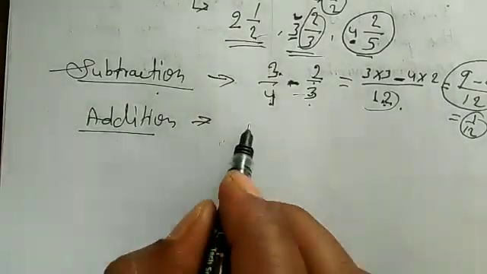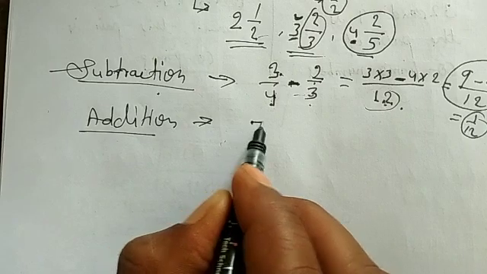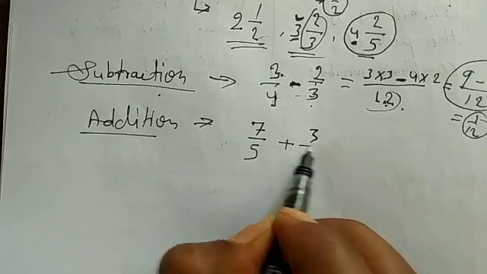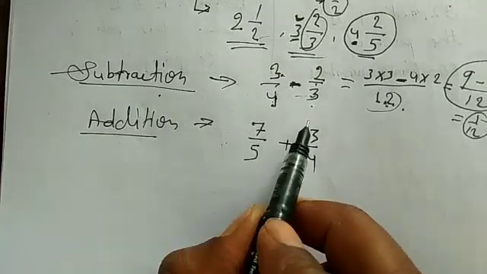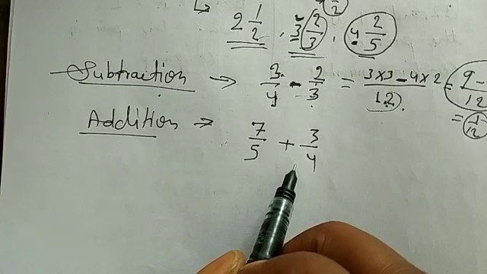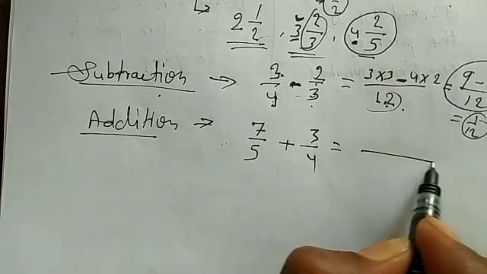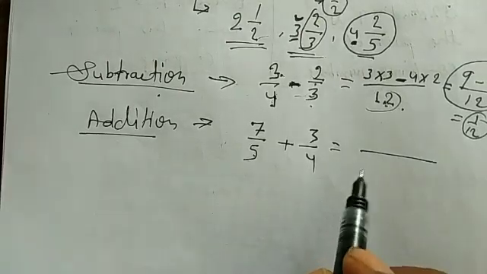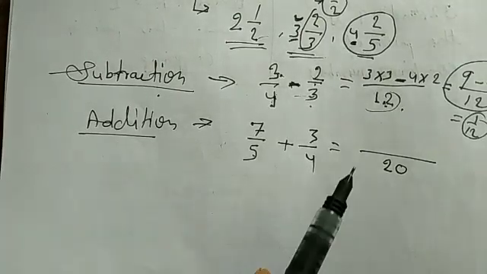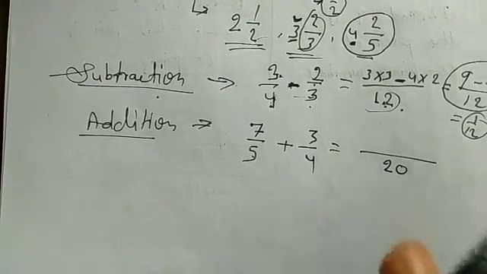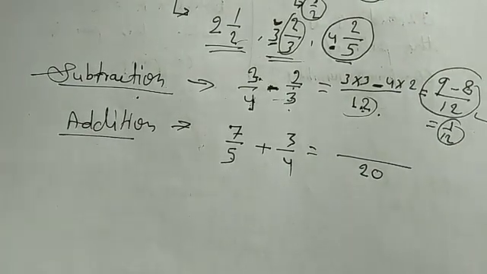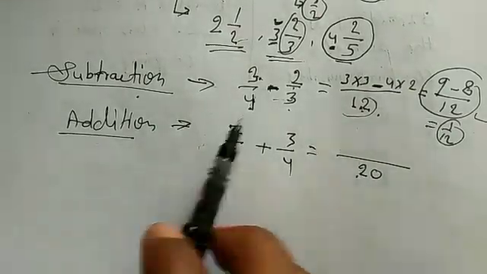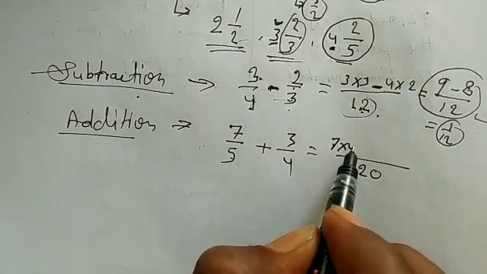And to add the fractions, suppose this is 7 upon 5 plus 3 upon 4. To add these fractions, we have to take the LCM of the denominators. LCM of 4 and 5 is 20. A similar process is followed as in subtraction. 5 fours are 20, 4 will be multiplied with 7, 7 into 4.